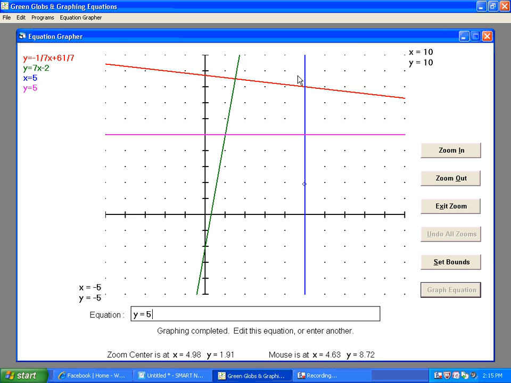Obviously, I didn't use this line and this line, and my reason for that was quite simple. The pink line is y equals 5. The green line is y equals 7x minus 2. So I would just plug 5 in for y and then solve by adding 2 and I get 1, and you can see that they meet at 1. So that's a lot easier than probably the ones you'll have.